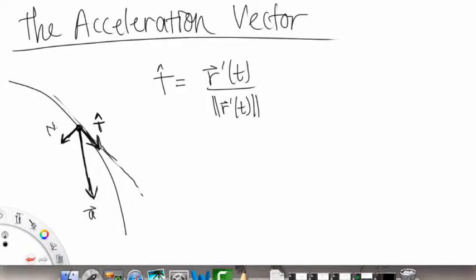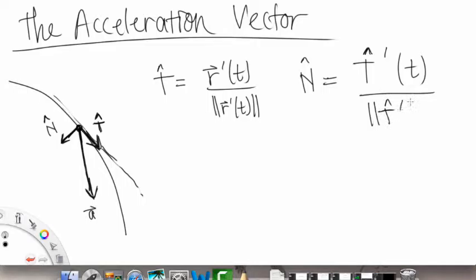So n hat is our unit normal, equal to the derivative of the unit tangent vector over the magnitude of that derivative. So we have the tangential direction and the normal direction.